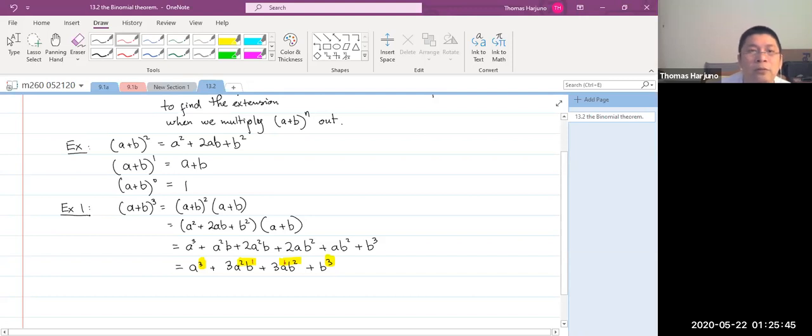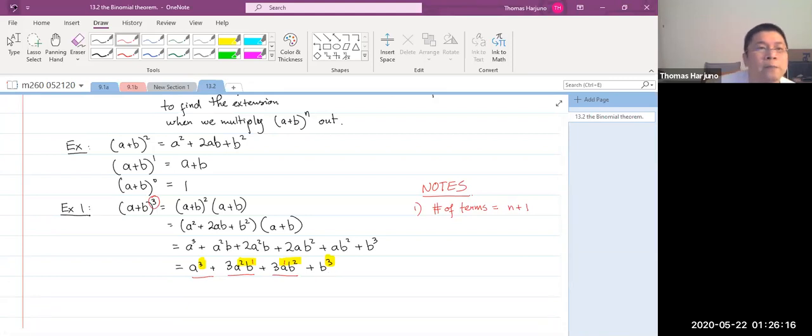So note that, first, the number of terms is equal to n plus 1. The exponent n is 3, so there are 4 terms. That's one.